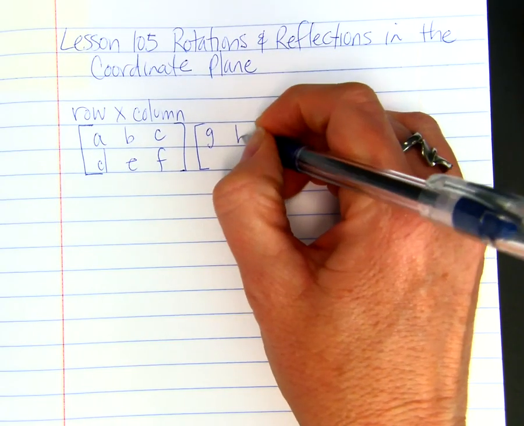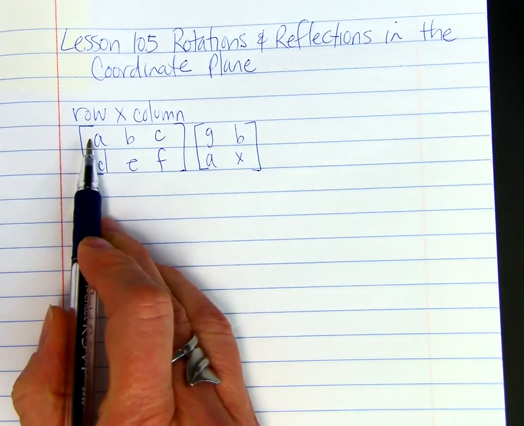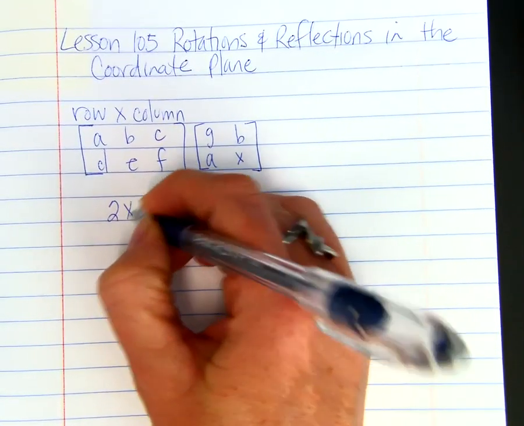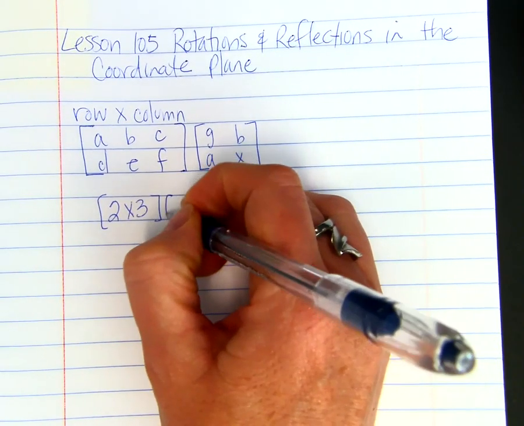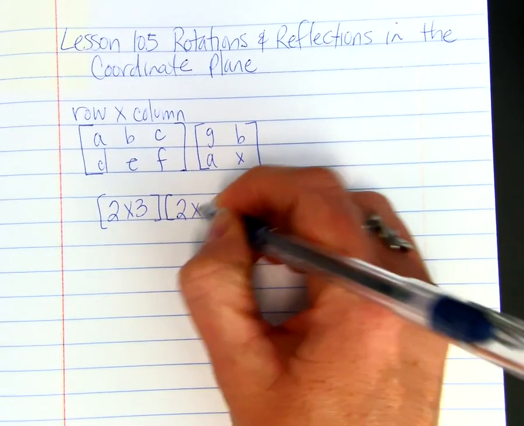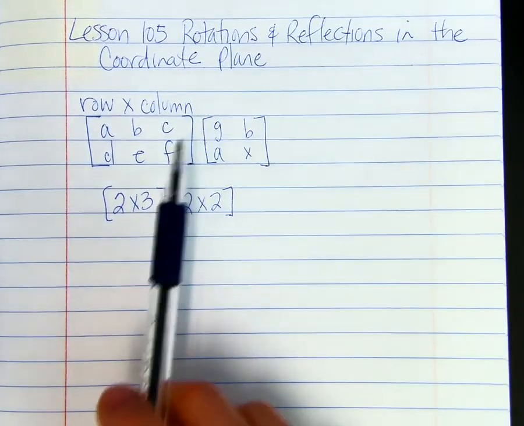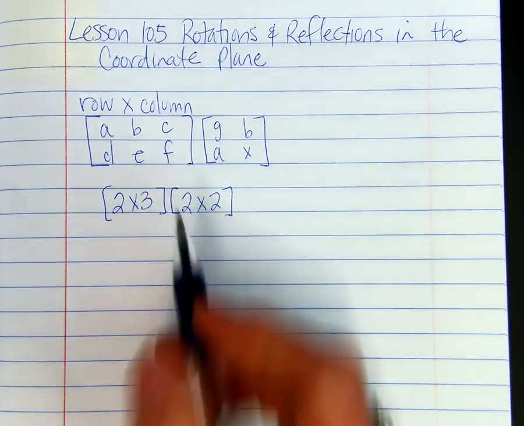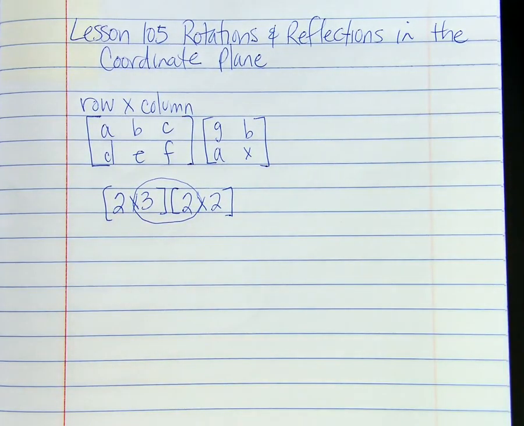G, H, A, X. So this is a 2 by 3 matrix, and this is a 2 by 2. These two matrices cannot be multiplied because if you look at these two numbers, they have to be equal.